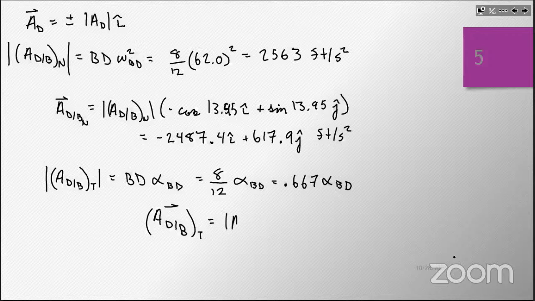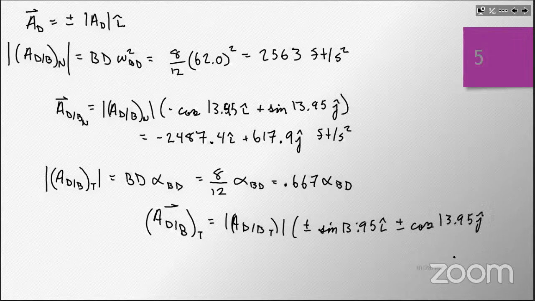This is going to be the magnitude of A D/B tangential times plus or minus sine of 13.95 i plus or minus cosine 13.95 j. So we can come up with an expression for this, and we're going to leave it in terms of the sines and the cosines.